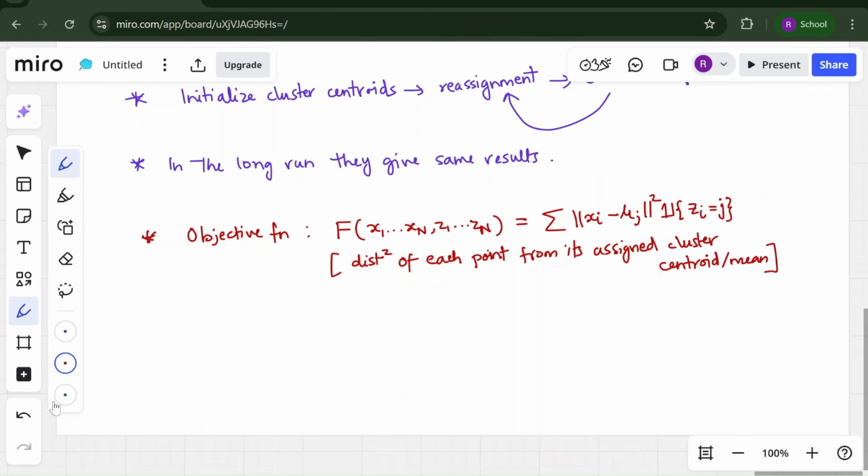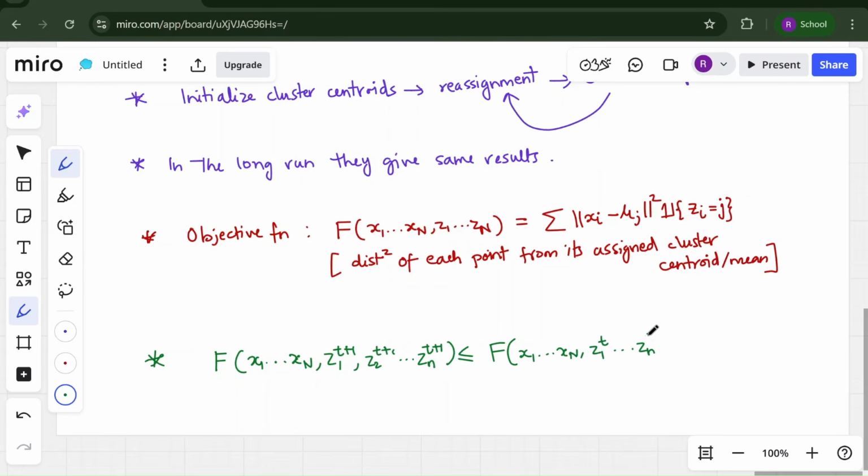One more thing that I want to mention is that this objective function will always reduce after each iteration. So the idea is that f of x_1 up to x_n along with z_1 of t plus 1, z_2 of t plus 1, up to z_n of t plus 1 is always less than or equal to f of x_1 up to x_n and then z_1 of t up to z_n of t.